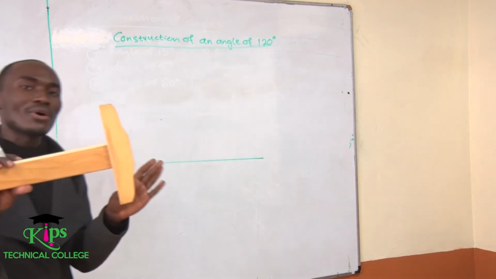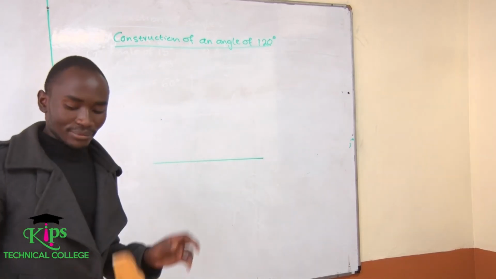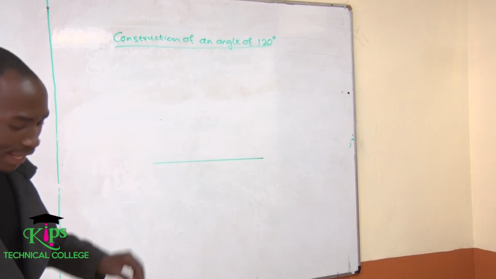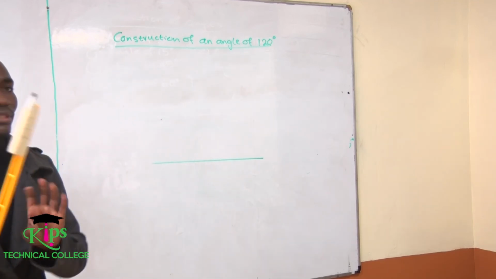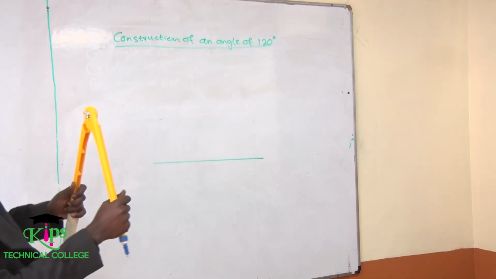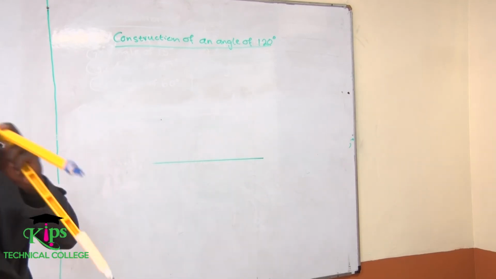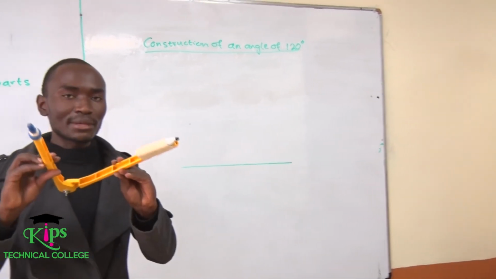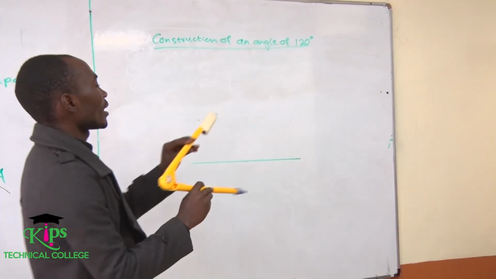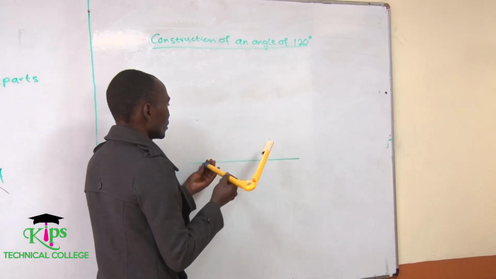You've drawn it with your T square. Let me assume measurements of a round. Let me take something like 40 millimeters. Assuming now this is my 40 millimeters from my ruler, I will stand up here.